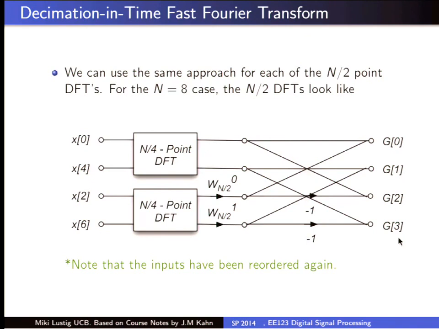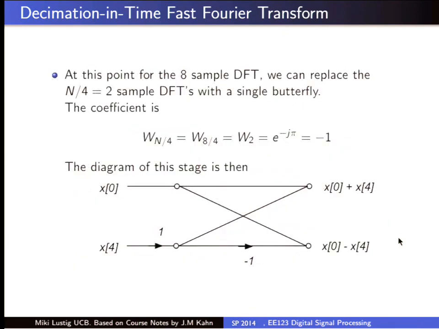Now I'm going to take this and break it again. So the n over 4 DFT, we're going to break it again. For an 8-sample DFT, n over 4 really is just 2. It's a 2-point DFT. At the end, we're always going to end with a 2-point DFT. Now, what's a 2-point DFT?